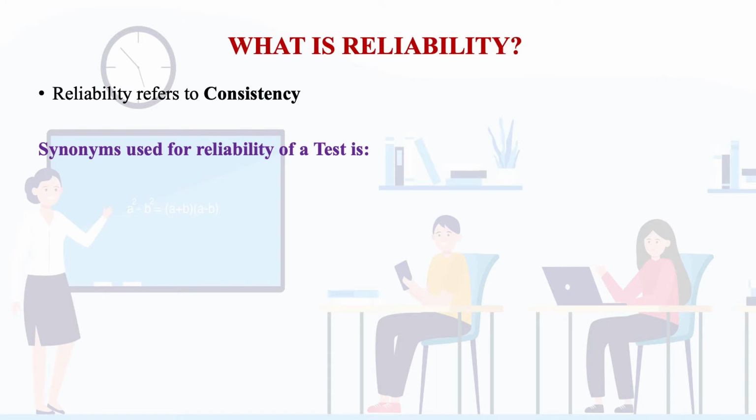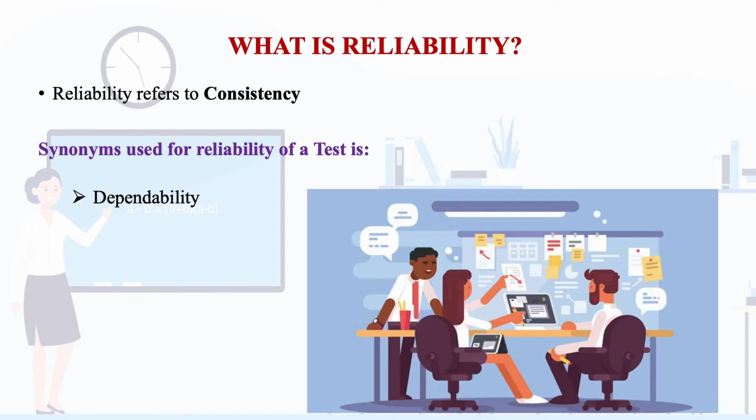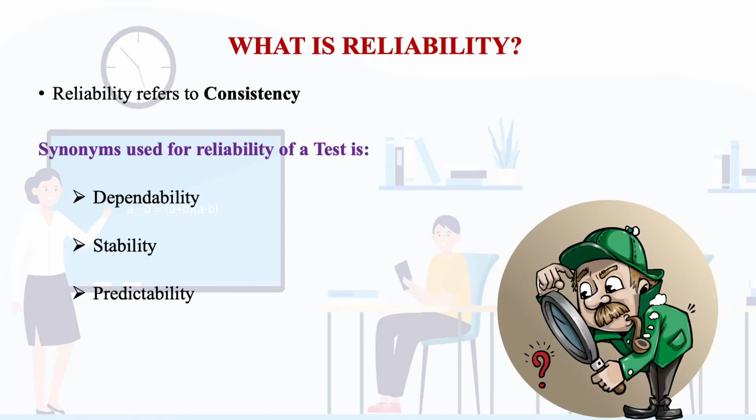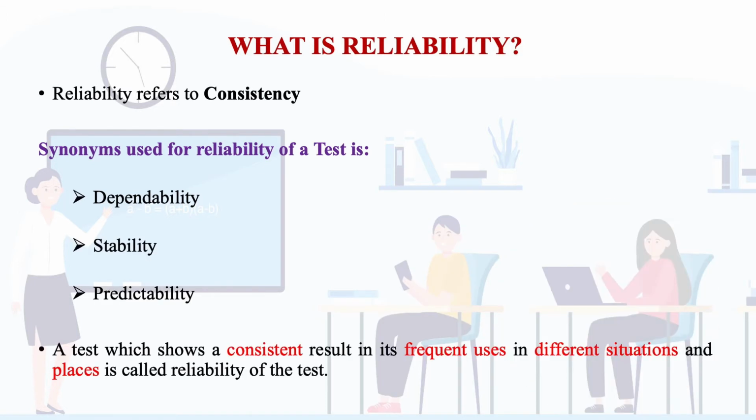Further, the synonyms that we use for reliability of a test are dependability, stability or predictability. So a test which shows a consistent result in its frequent uses in different situations and places is called reliable.